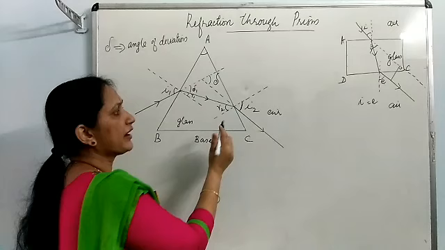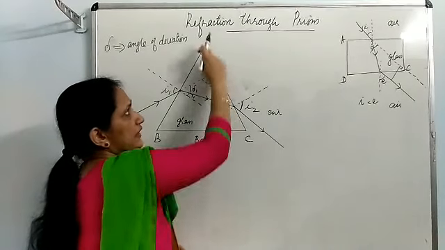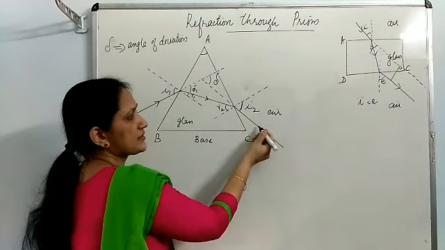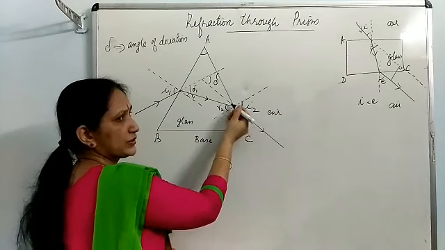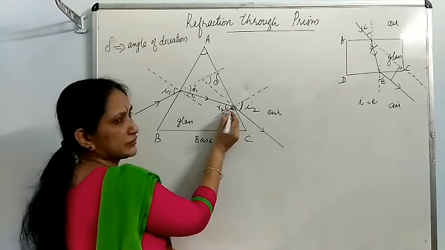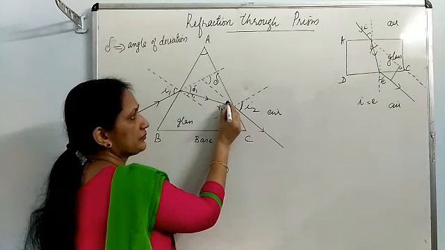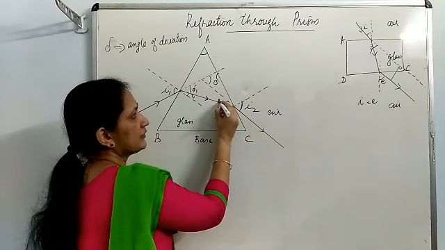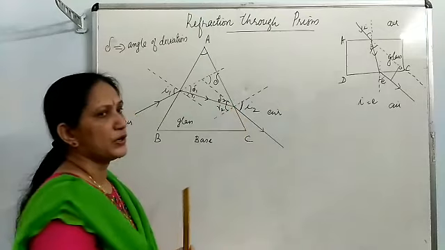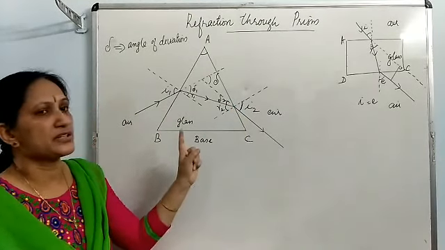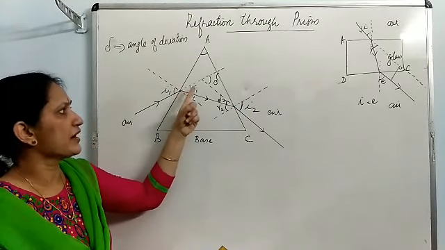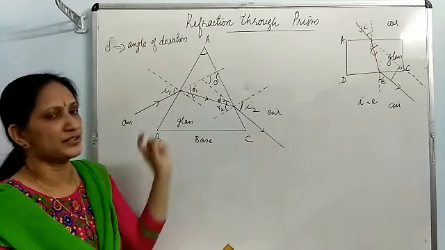Then what is the angle of deviation happened on the second face AC? This is the ray coming out and this is the ray falling. I mean refracted ray and emergent ray. Angle between them. This is the angle. This is delta 2. So the angle of deviation happening on the two faces are delta 1 and delta 2.